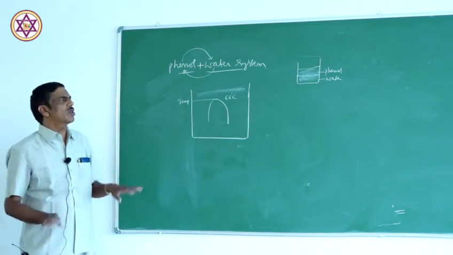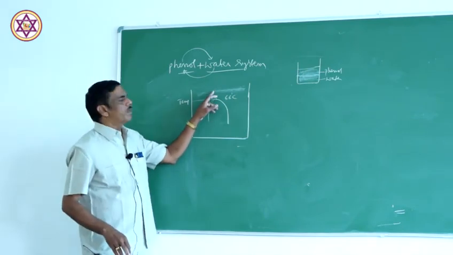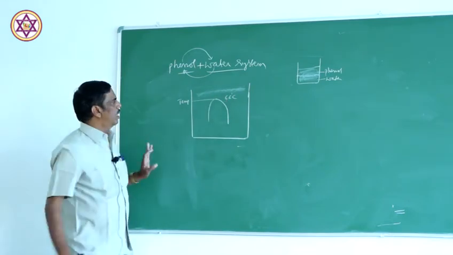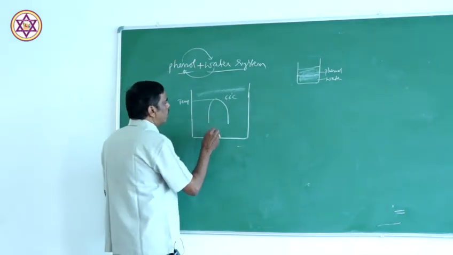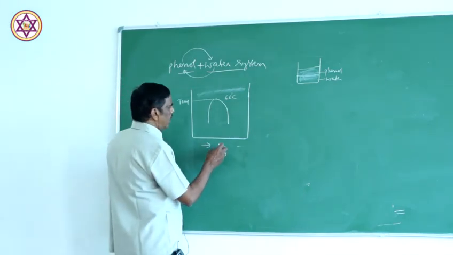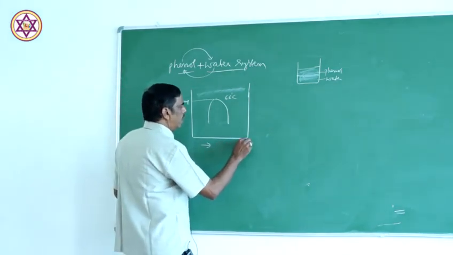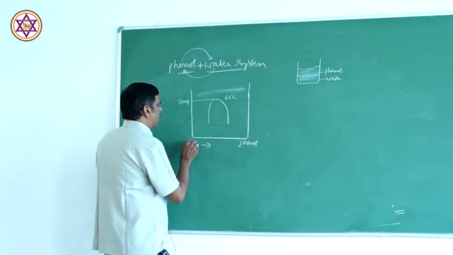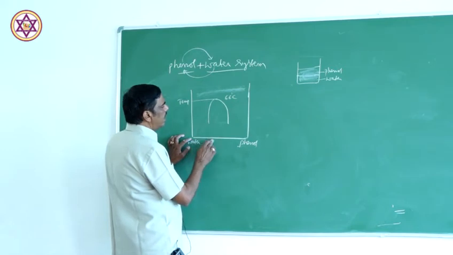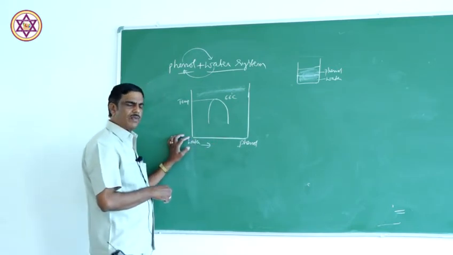You take any proportion of the mixture. Above this temperature, it is completely soluble. But below this temperature, what happens? At a particular composition, this is the composition of phenol and water. You take water and go on increasing the percentage of phenol, the mole fraction percentage of phenol.